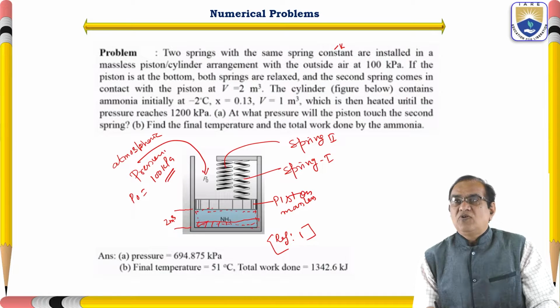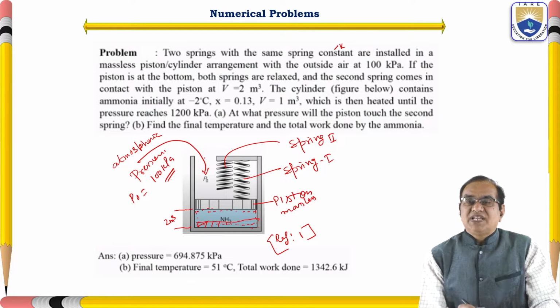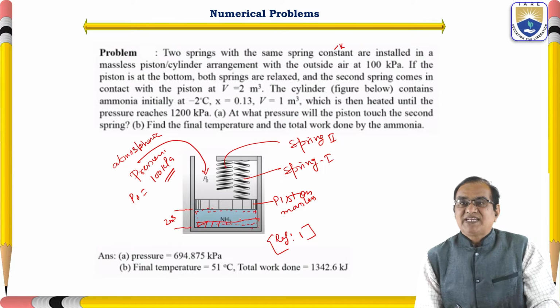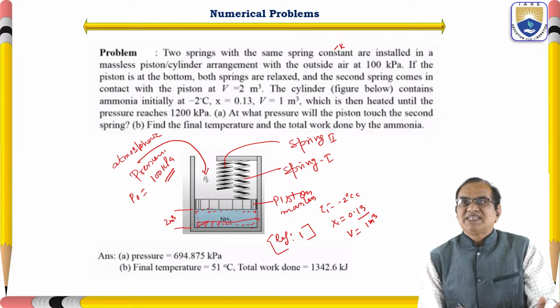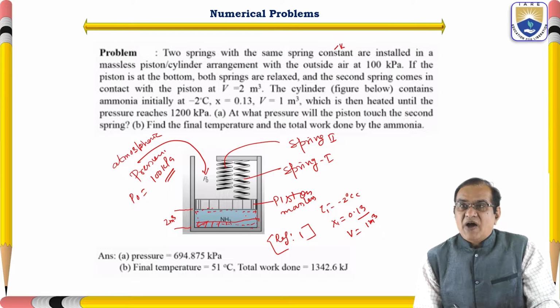The cylinder in the figure below contains ammonia initially at -2 degrees centigrade and quality X1 is given as 0.13, and the volume V is equal to 1 meter cube. In this condition, it is then heated until the pressure reaches 1200 kilopascal. So it is heated, so the pressure will rise to 1200 kilopascal.